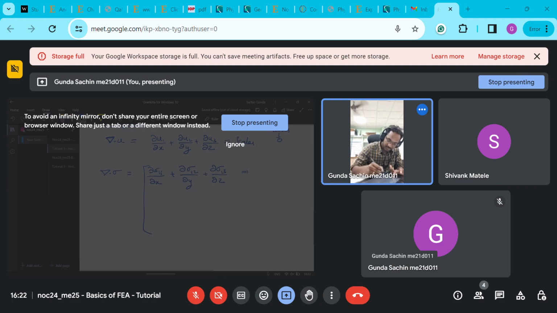It's like the first component, and then you will have similarly other two. Okay, it's like it reduces the order by one. That's why when we have this, you have three equations.